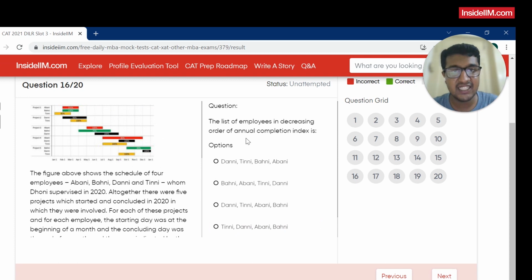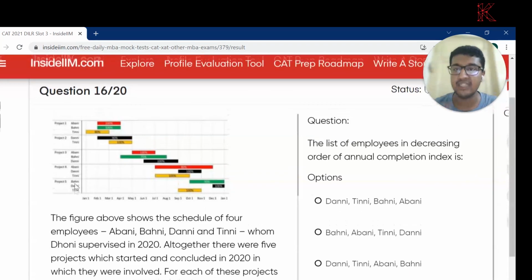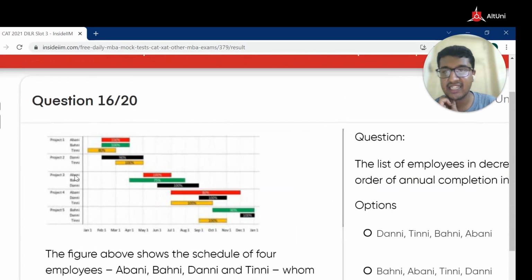The list of employees in decreasing order of annual completion index is, okay, annual completion index was the weighted average of the number of months and the percentage of work completed in that project. So let's calculate it for A. 2 times 100% plus 2 times 100% plus 5 times 80%, which gives me 800 divided by 9.